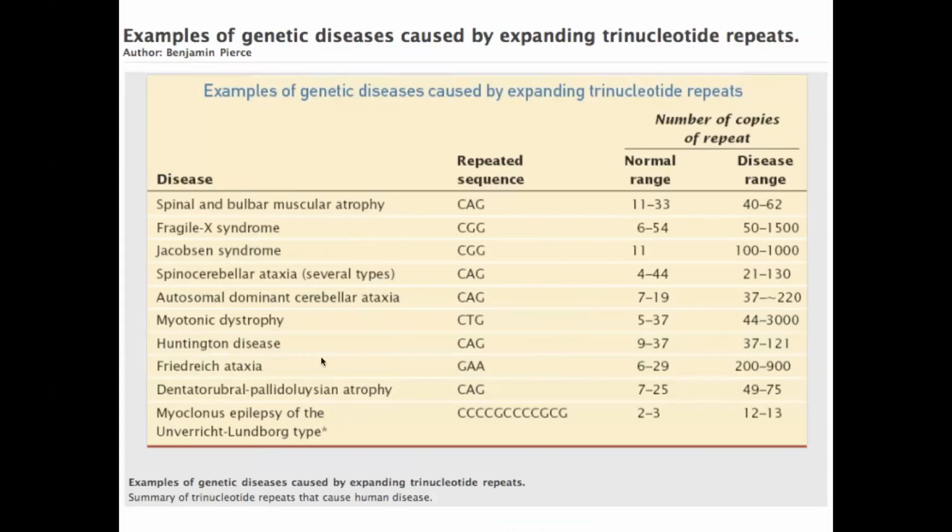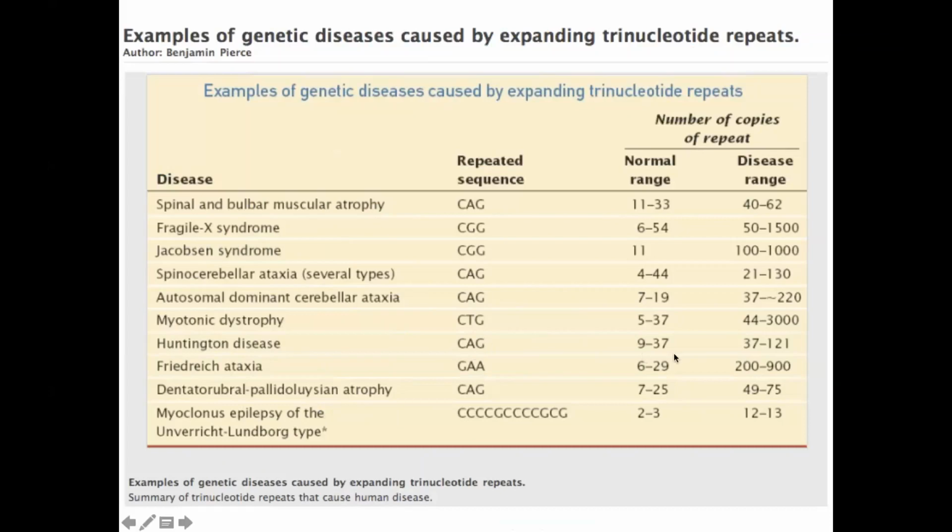What happens is that within the gene sequence, there's a 3-nucleotide sequence, CAG, and through multiple rounds of replication errors, that trinucleotide sequence is replicated and duplicated. And so the number of that trinucleotide repeat increases through many rounds of replication.